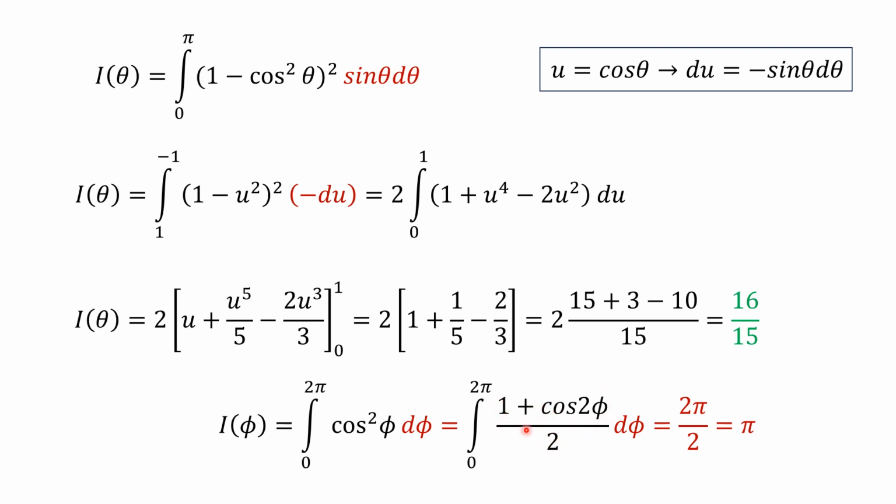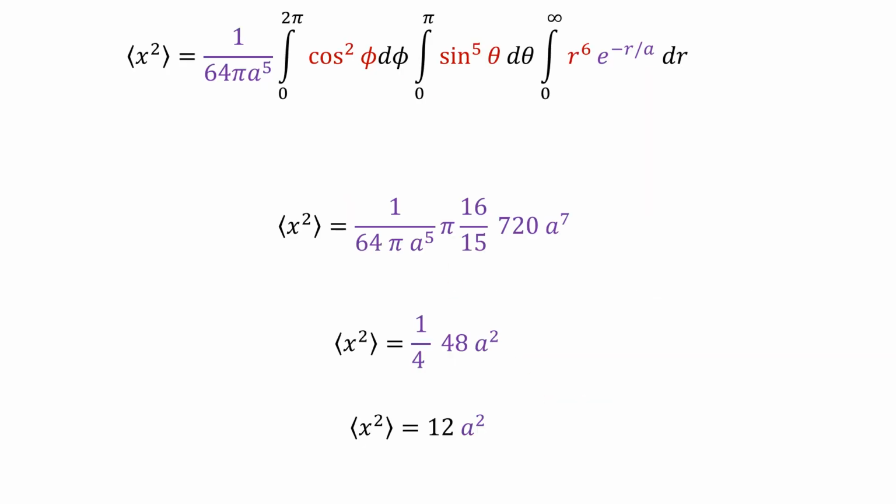The first term is 1 over 2. If you integrate it, you will get phi divided by 2. When you apply the upper limit you will get 2 pi, the lower limit is 0. So in the numerator you will get 2 pi, in the denominator already you have 2. The 2 will get cancelled. So the phi part of the integral is pi.